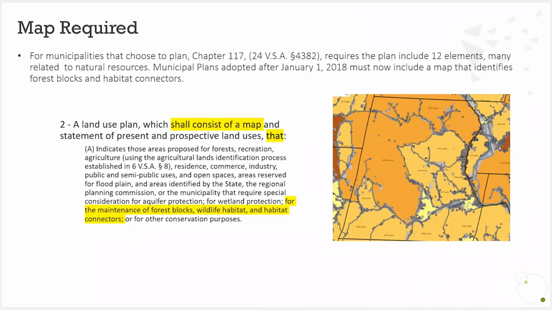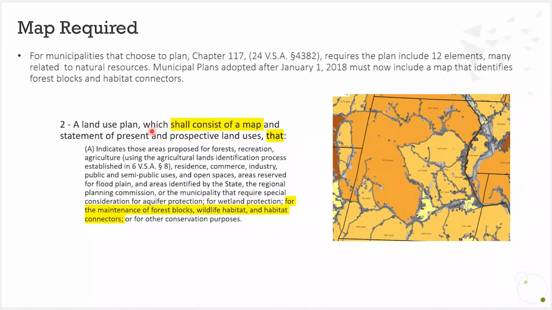To be clear, one of the things that this requires is a map. So if you dig into the statute here, the plan has a variety of requirements, many of which are related to natural resources. And now municipal plans that are adopted after January 1st, 2018 must include a map. And so if you look here in the language, we've highlighted just where that requirement is coming from.